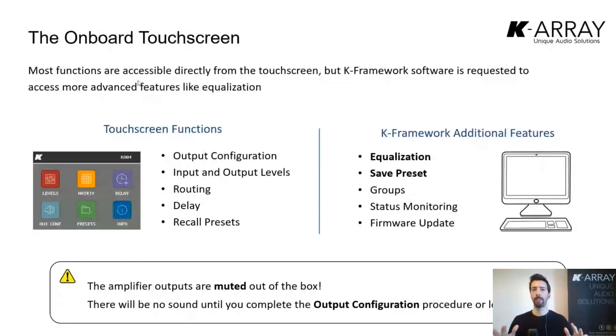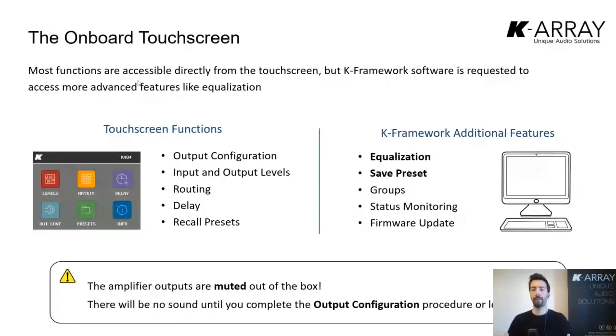Because the amplifier will not allow you to play any kind of sound until you have completed the output configuration procedure. And that's because we want to be sure that when you start sending sound to the amp, this sound is limited and processed the right way to drive the model of speakers which are connected to the outputs.